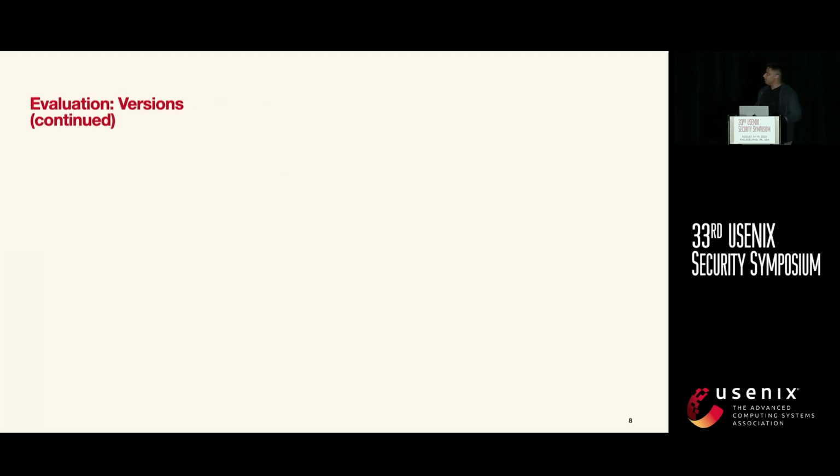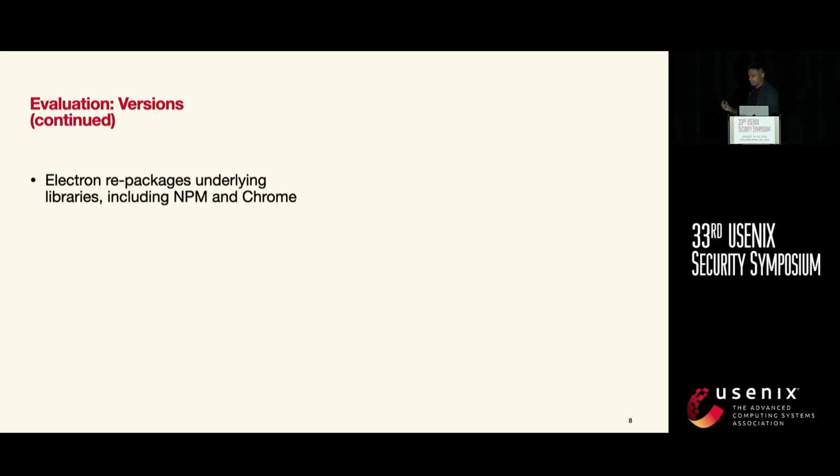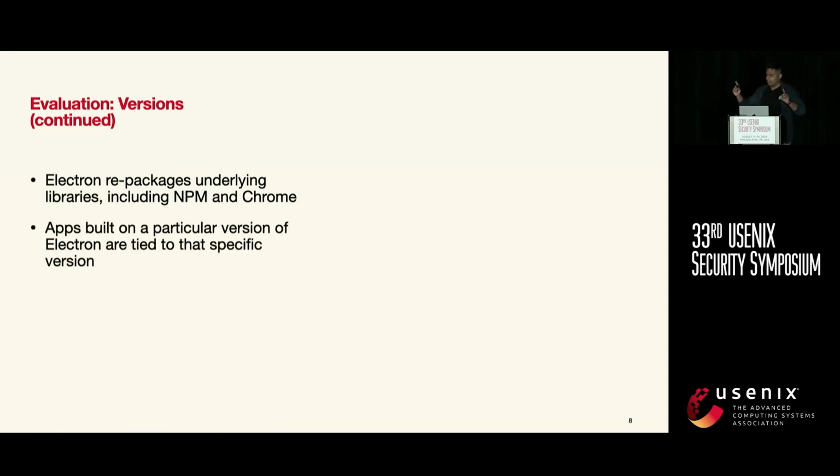And why that's important is because Electron is built on a bunch of underlying libraries. It has patches to a particular version of Chrome. It has patches to a particular version of V8 and Node.js and things like that. So when it has patches for that, it repackages everything and is distributable, which again gets repackaged when apps build on top of Electron.